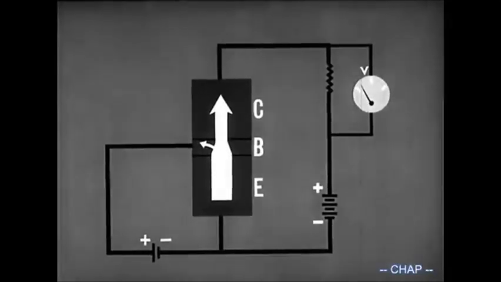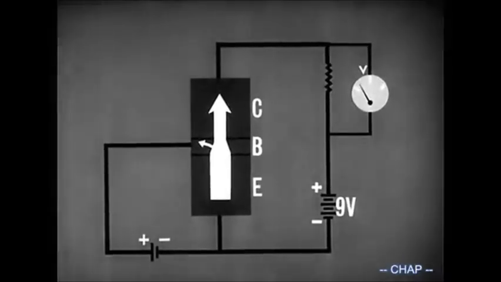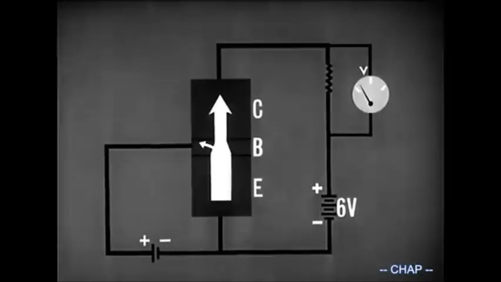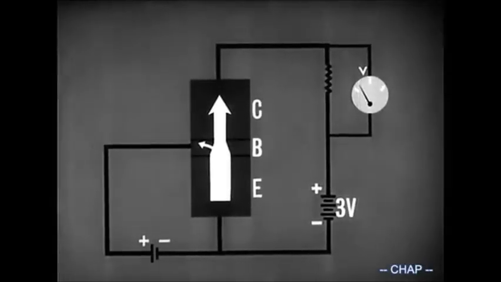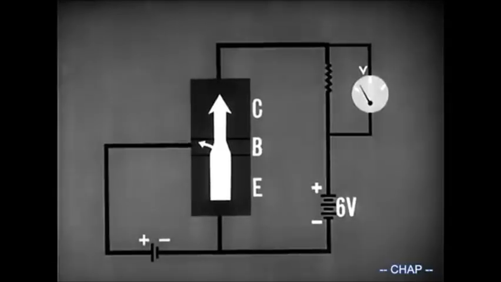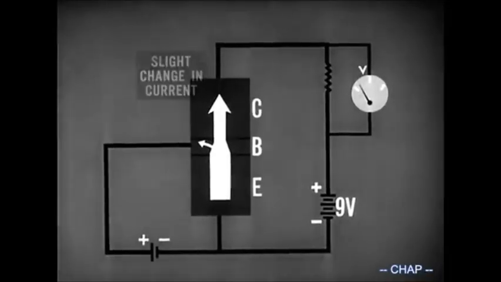It might be 3 volts, it might be 6 volts, or it might be 9 volts. The third and most important point to remember is that decreasing or increasing the collector supply voltage will cause only negligible changes in the amount of current flow.